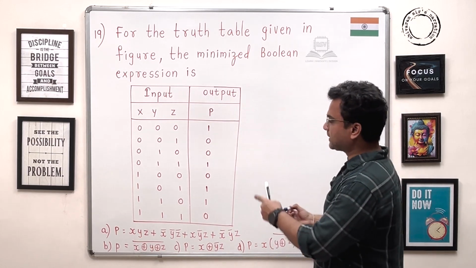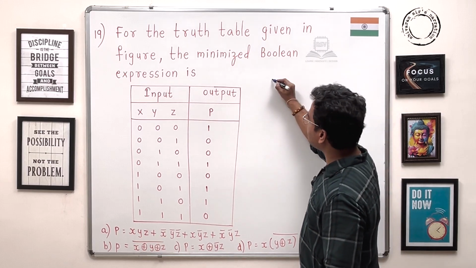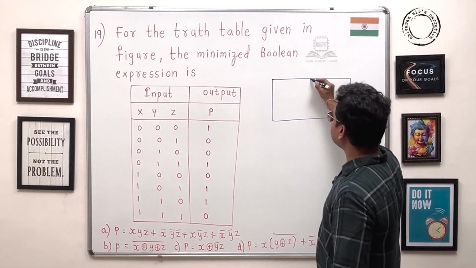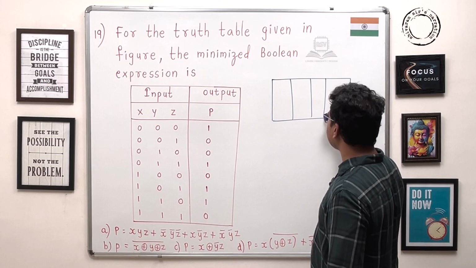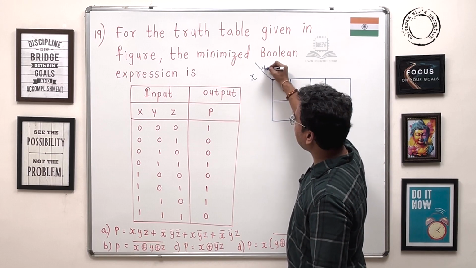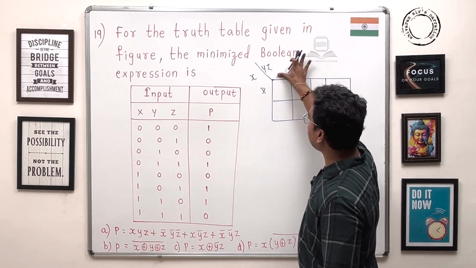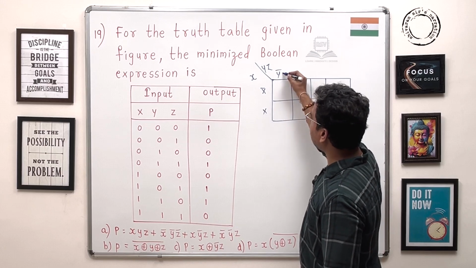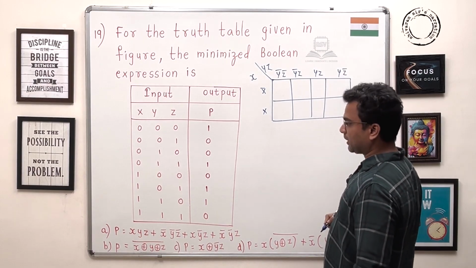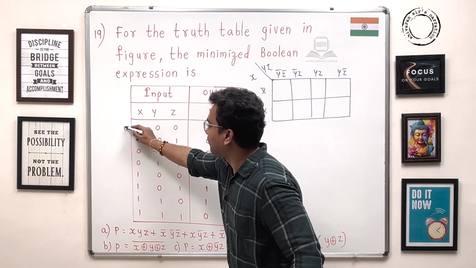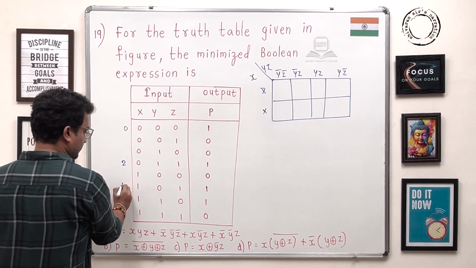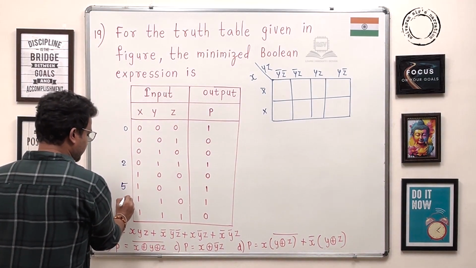As it is a 3-variable K-map, let's consider a 3-variable K-map. Therefore, we get the mapping in this way. It's X, Y, Z. This is X bar, X, Y bar Z bar, Y bar Z, YZ, YZ bar. Now guys, see here, it is 0, it is 2, 4, it is 5, and it is 6.